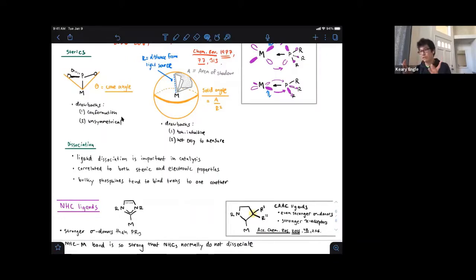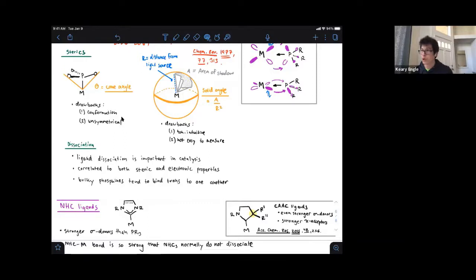So this reflects the fact that if you think about phosphine in three-dimensional space, it really resembles a cone that's protruding from the metal, and thus you can measure this so-called cone angle and learn something about how crowded it is around the metal. The drawbacks of this are, one, that it only looks at a static picture of phosphines, but of course, particularly if there's alkyl branching, these are conformationally dynamic, and that's historically not taken into account.